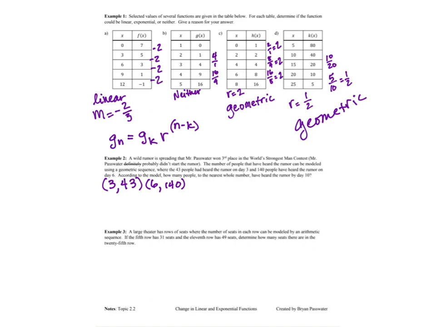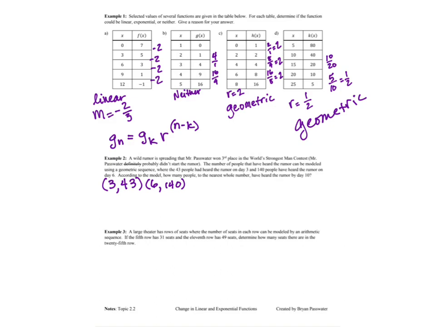Now I would label my 2 points as one of them being the n's and one of them being the k's. And here's how I made my decision. In the power up here, it's n minus k. I want the bigger number to be my n. N is the input.